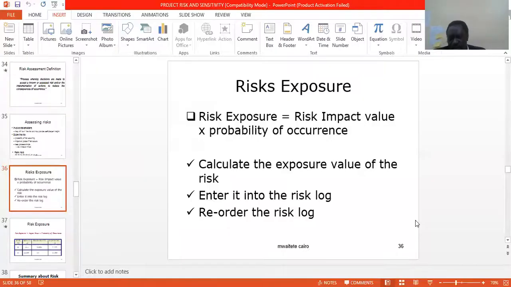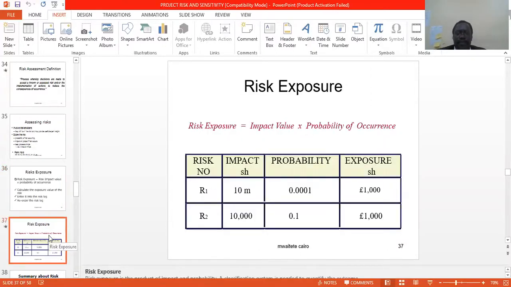Let me share with you this one right here, so we can understand what is happening. Risk exposure is equal to impact value multiplied by the probability of occurrence.